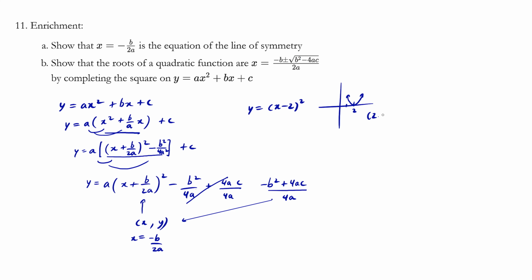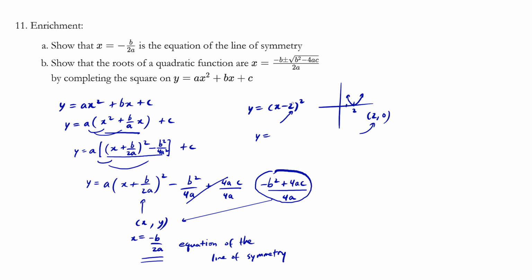The vertex should be 2, 0. You can see that when this value is negative 2, it actually means 2 to the right. So when this value is b over 2a, you know that x is going to be the negative of that. So this here is the equation of the line of symmetry. And it also happens to be the x value of the coordinate of the vertex. And you don't have to memorize it, but just out of curiosity, this happens to be the y value of the vertex.